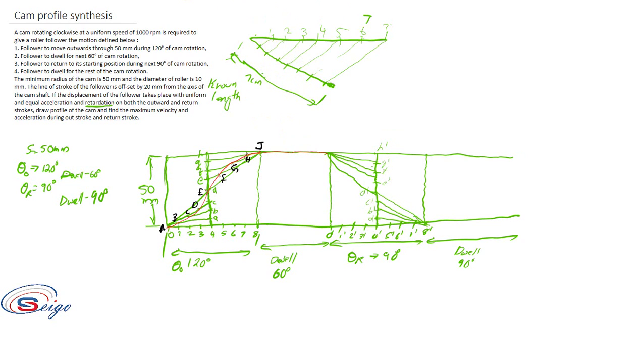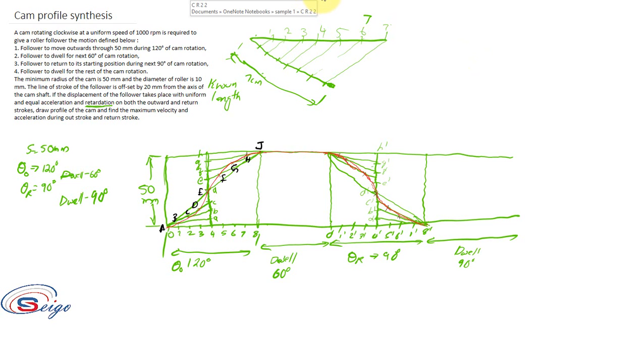So after that, you have to join this 1 with here, 2 with this line, 3 with this line, 4 is here, then 5 here, 7 is here, and 8 is here. After that, by using a smooth curve, you have to join. So this is how you can plot the curve for a uniform acceleration and uniform retardation motion for the follower.